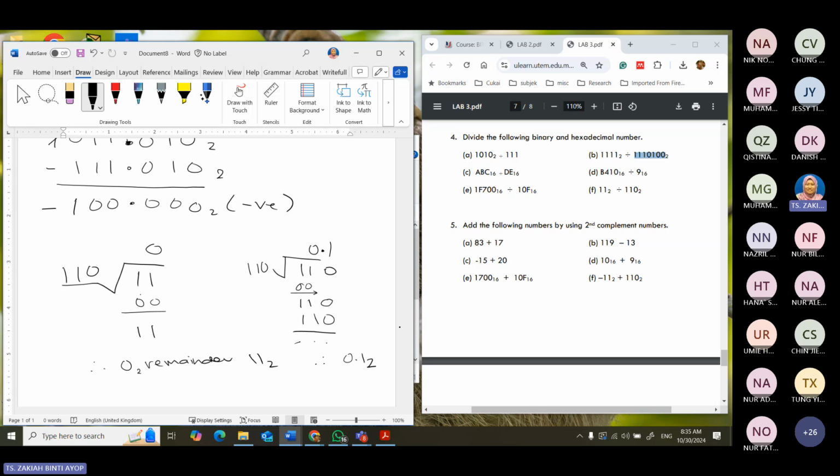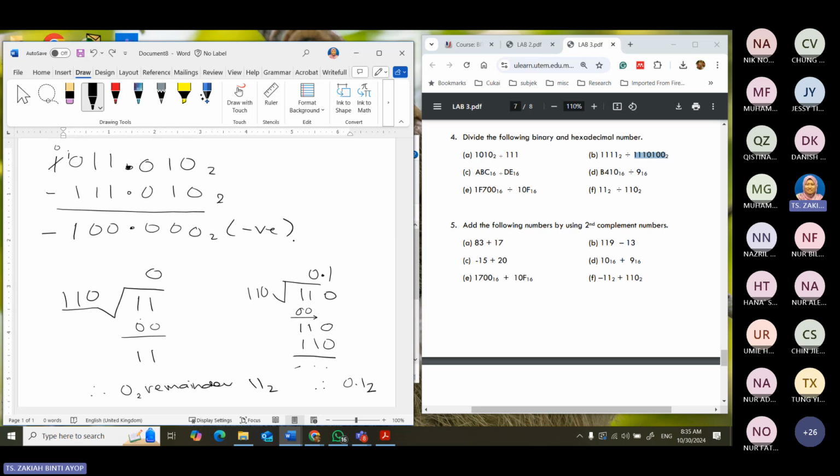Now you do these two styles in your notes, in your exercise. Sometimes this will need to be continued. Until how many decimal places do we need to continue this division? Let's say you can stop after 5 decimal places.